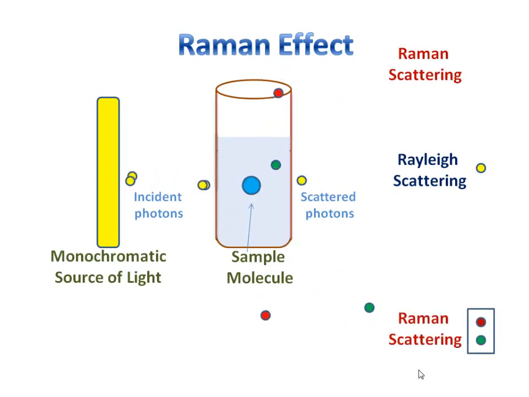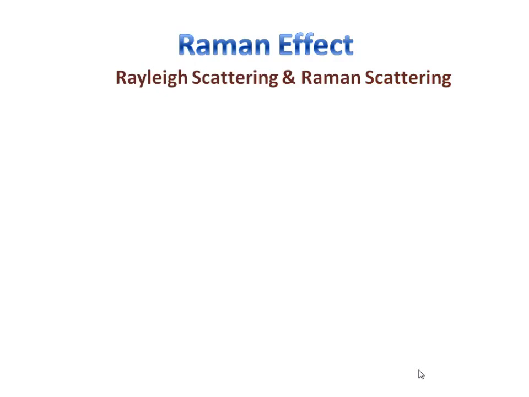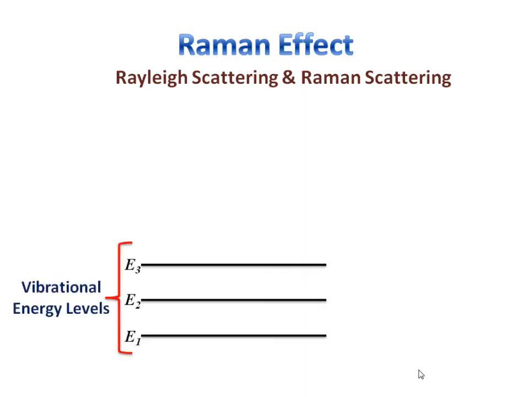Rayleigh scattering and Raman scattering can be explained on the basis of transitions in the molecular vibrational energy levels. The molecules of the sample have different vibrational energy levels. These levels are separated by specific energy differences. When a photon from the incident monochromatic light interacts with a molecule of the sample, the molecule may absorb the energy and rise to a virtual energy state.